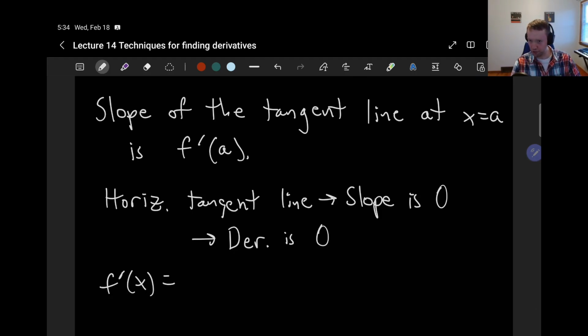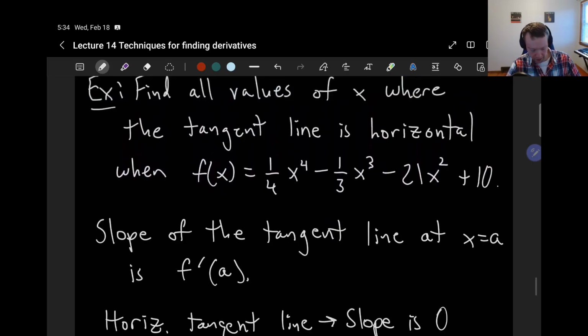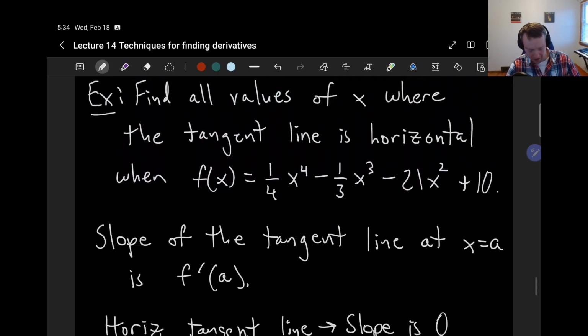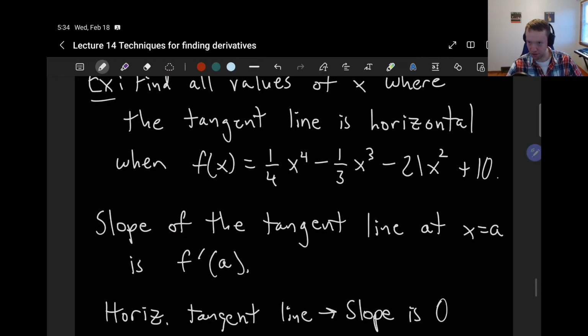A pretty good rule of thumb, at least for a good while in this course, is that if you have a word problem and you're given a function like this, most likely you're going to be taking the derivative of that. I won't promise that's happening all the time, but that tends to be a pretty good rule of thumb.